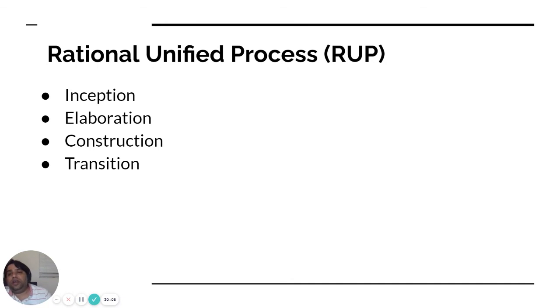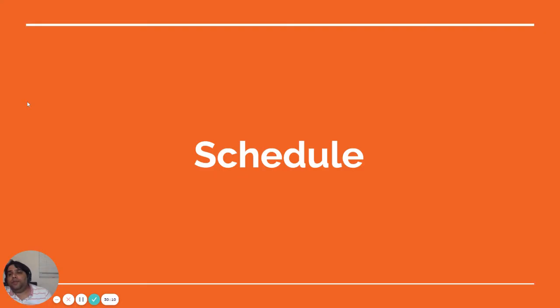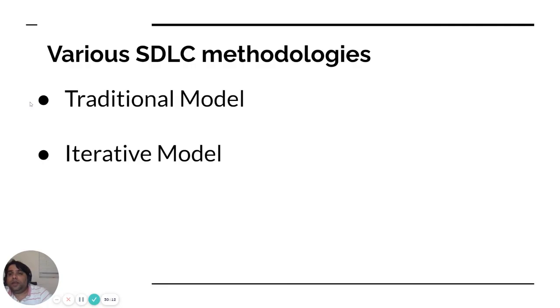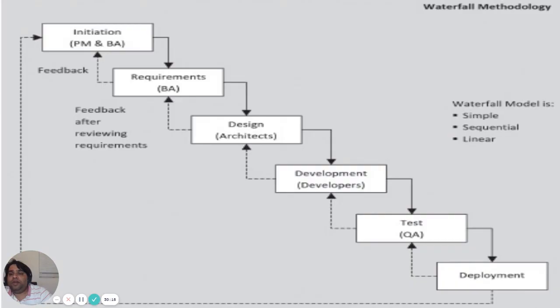Just like in our model over here, in initialization, business requirement, design. So in Rational Unified Process, we have business modeling workflow, requirement workflow, analysis and design workflow, implementation workflow, where you start implementing and coding, testing workflow, and deployment workflow.